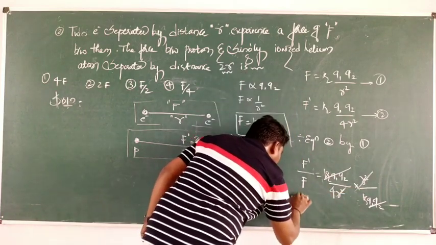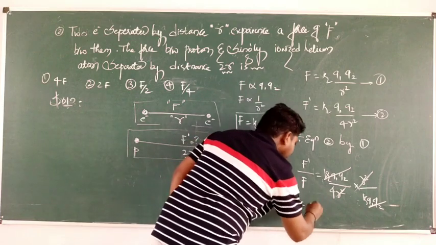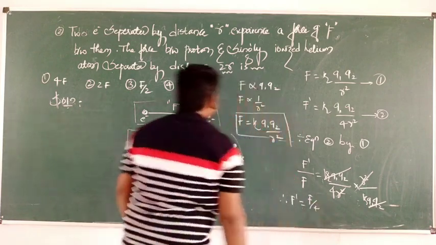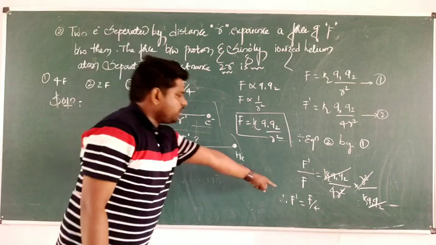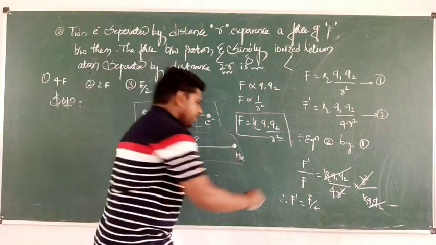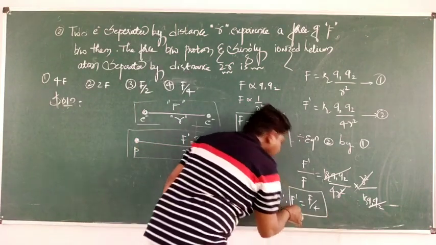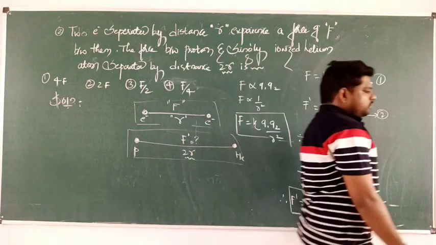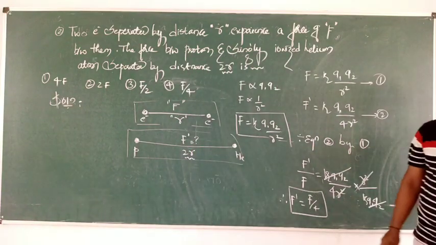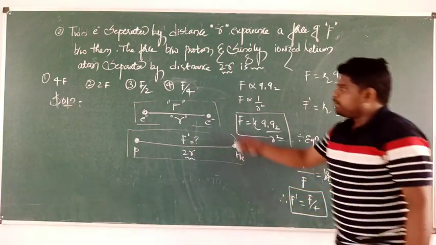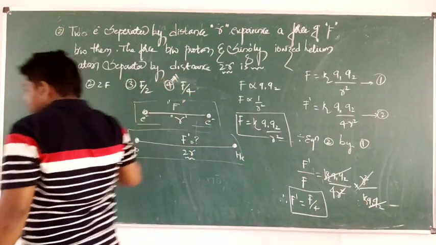Therefore F dash is going to be F divided by 4. Note it down. F dash is F divided by 4.